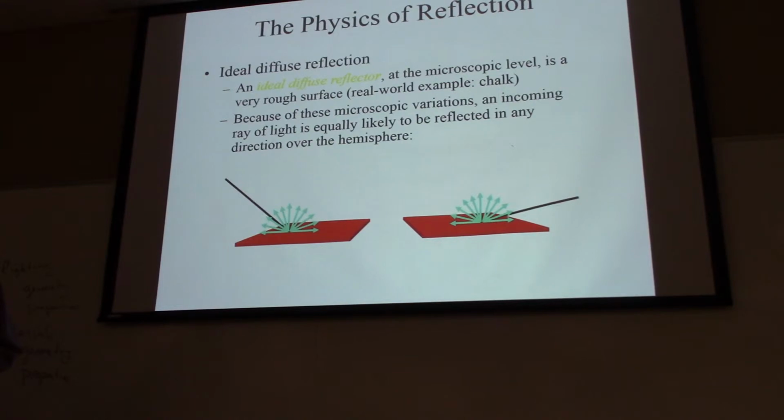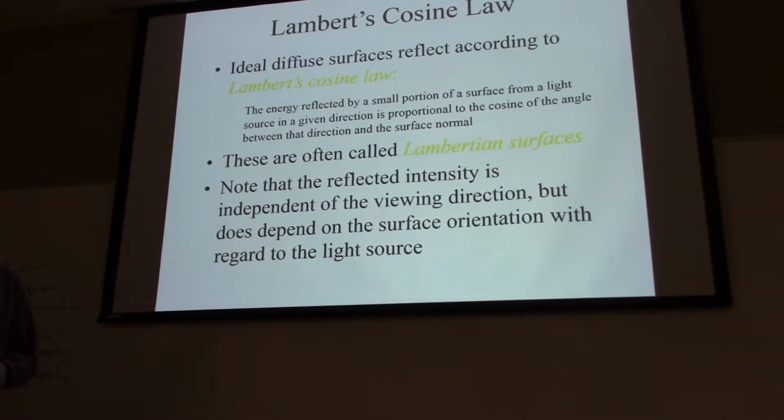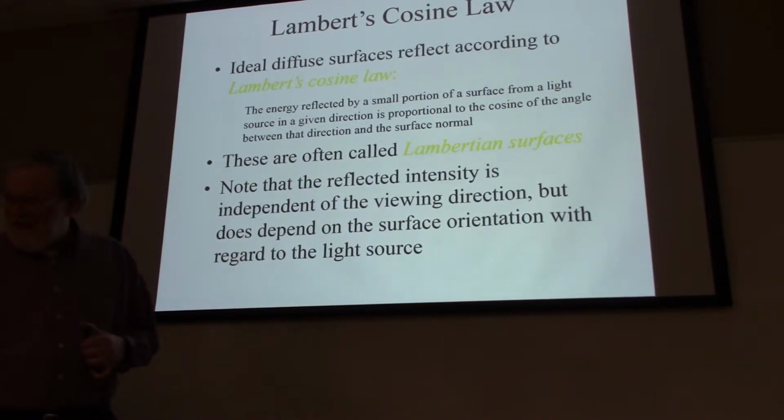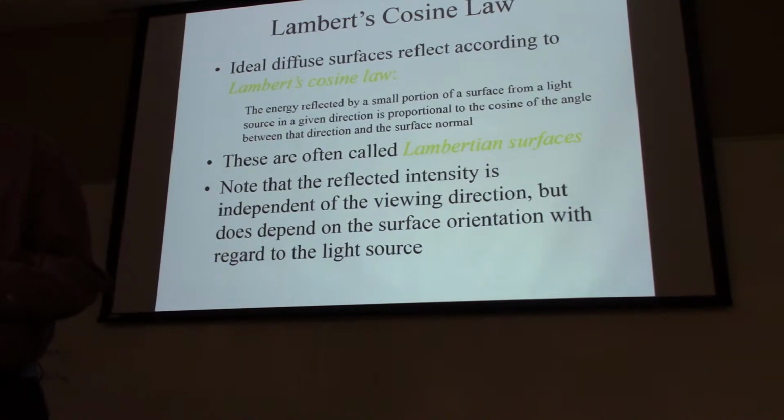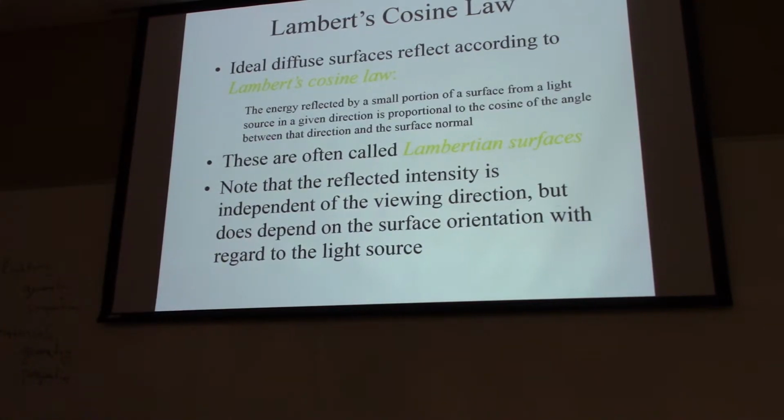So ideal, all directions. Then the ideal law for diffuse reflection is the cosine law, Lambert's cosine law, which says that it's scattered in all directions, but the amount scattered depends on the cosine of the angle that the light is making with the surface normal.